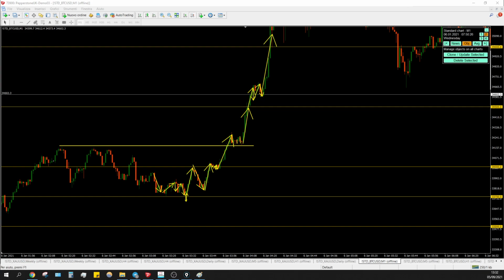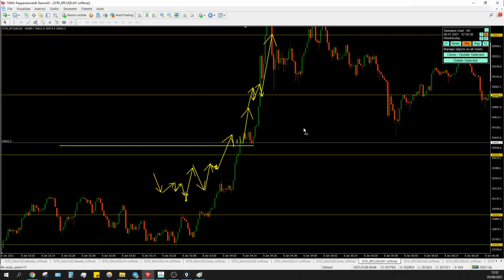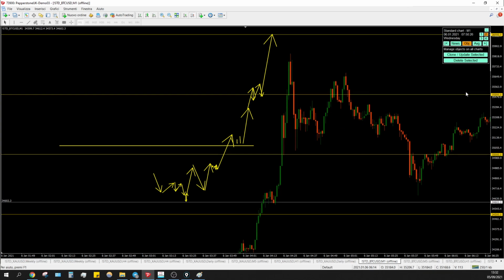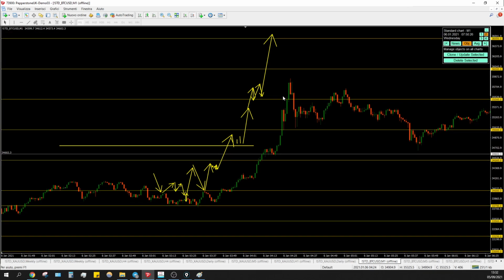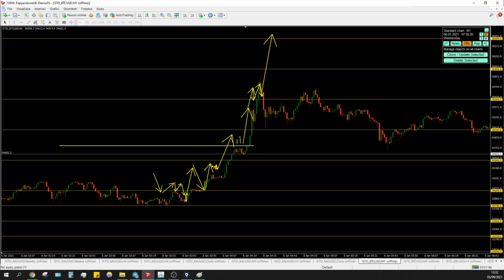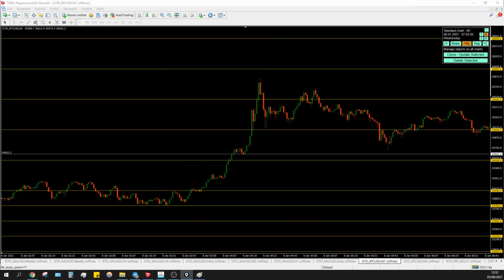Continuation up. What happens here? In these huge 50 pips candles. Break. I mean, it stopped.